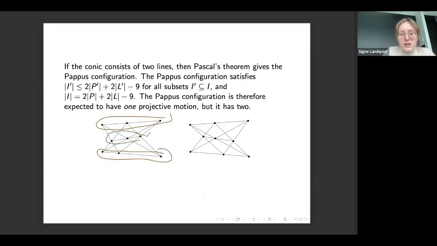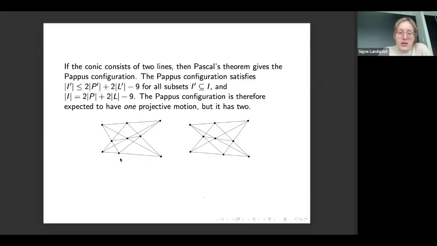And then it follows from Pappus's theorem that these 3 points also lie on a line. Okay, and if you do a bit of counting, then the Pappus configuration is one away from satisfying the counting condition for projective rigidity. So you would expect it to have a one-dimensional space of non-trivial projective motions, but it in fact has 2.